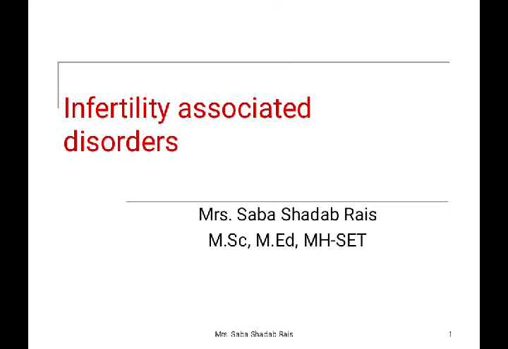Infertility related issues or causes are many, but especially for this lecture we will be talking about female infertility problems. We have seen that there are many causes of infertility in females, like the female is not able to ovulate, or is producing an infertile egg, there is damage somewhere in the oviduct, or the oviduct is blocked, there is damage to the uterus, or damage to the cervix region.